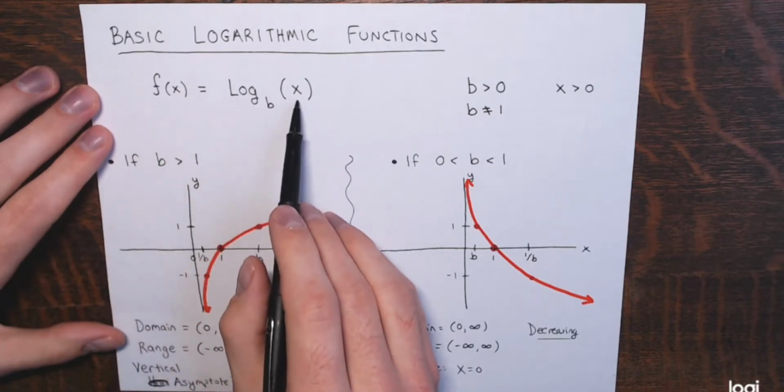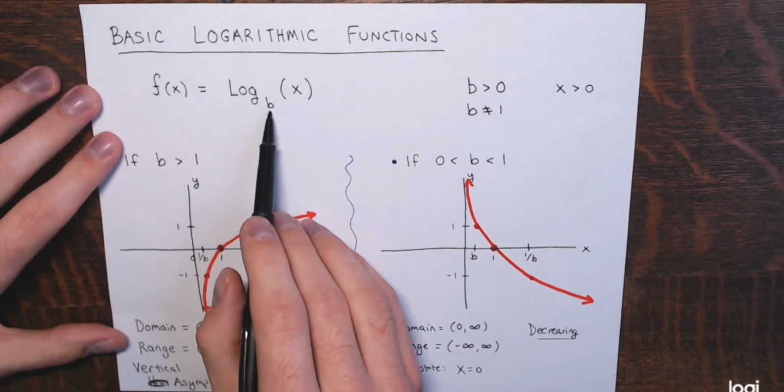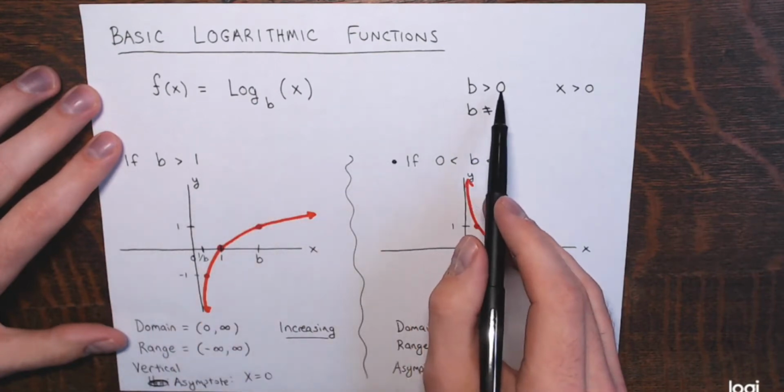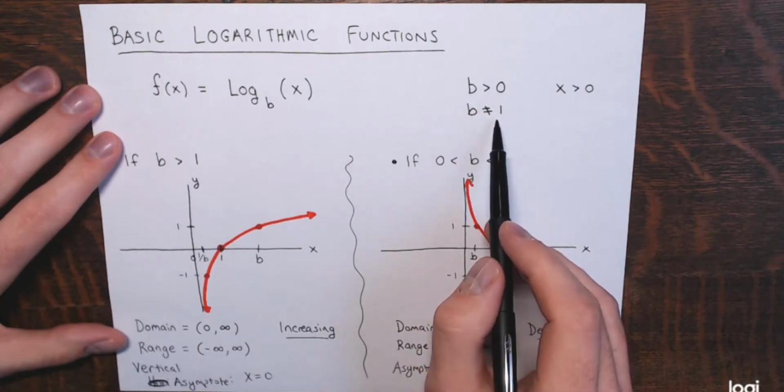Right, just basic old x inside the logarithm. And we had some conditions on the base of a logarithm. Right, the base b had to be positive, and we didn't want it to be 1, right, because that would make it uninteresting.